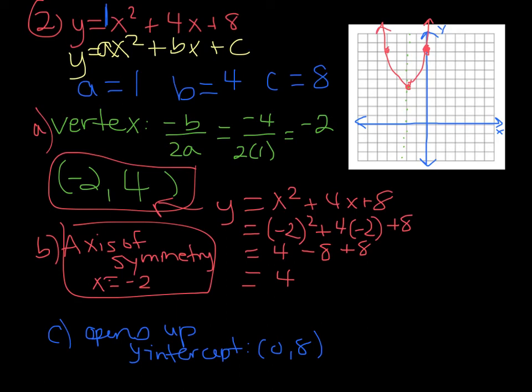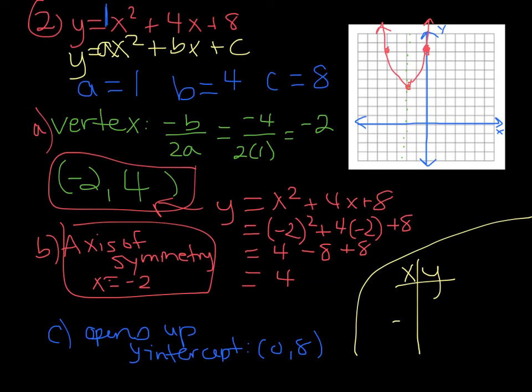So one other thing that's really important is that if you get stuck, or if you say, I really, really need help drawing this graph and I really want it to be perfect, one thing that you can actually do is draw an XY table. So if you were to do an XY table for this, my recommendation would be start at the vertex.